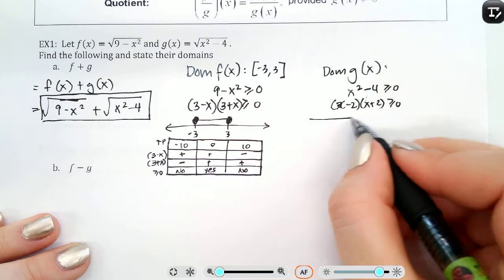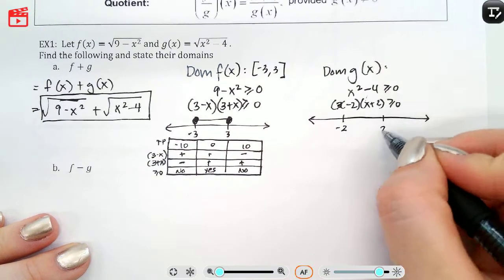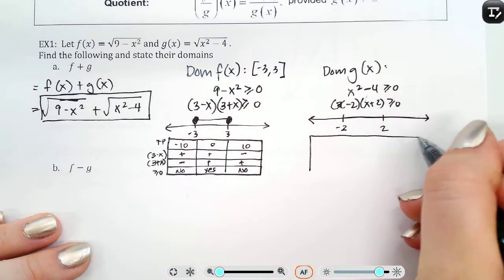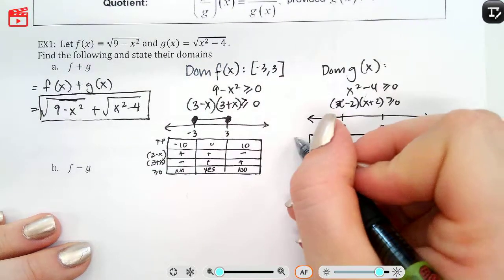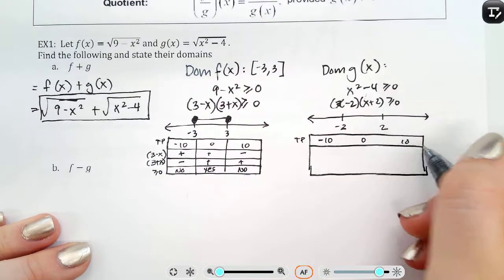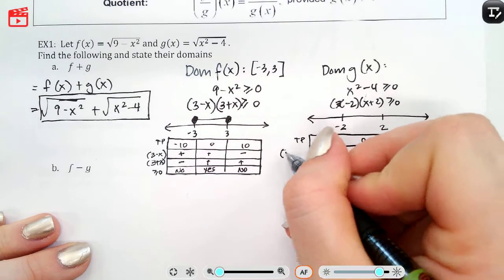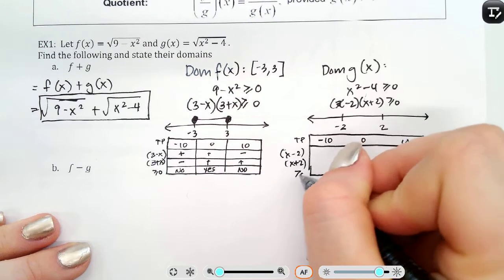With my critical values, I get my number line, so -2 and 2. Test points, -10, 0, 10. I like using 10s if I can. x minus 2, x plus 2, and then the final sign needs to be greater than or equal to 0.